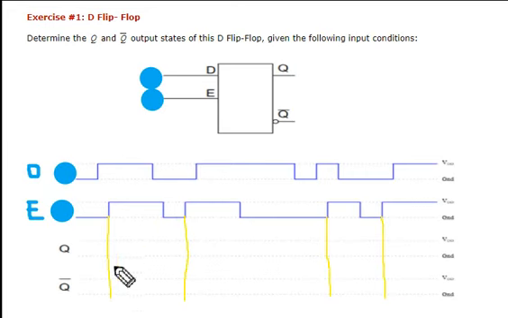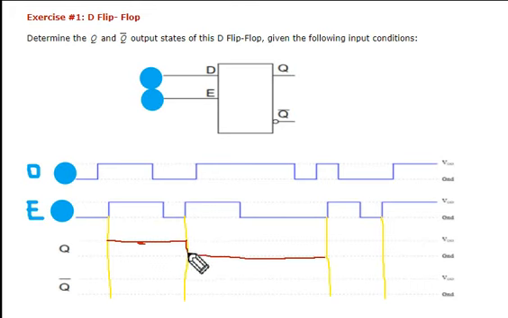At the first rising edge, D is high, so our Q will also be high because it follows D. It stays high until the next rising edge. At this rising edge, D is low, so our Q will also be low until the next rising edge.